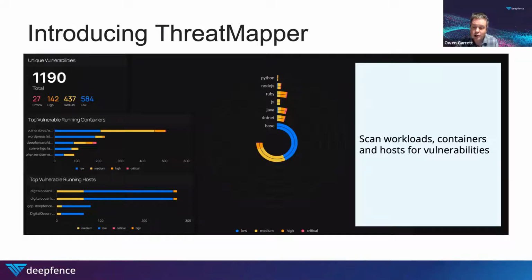And it's not uncommon in even a small-sized environment to find thousands of reported vulnerabilities in the workloads that have been deployed. How do you deal with those thousands of vulnerabilities with varying degrees of severity and criticality? That's the third thing that ThreatMapper brings to you.